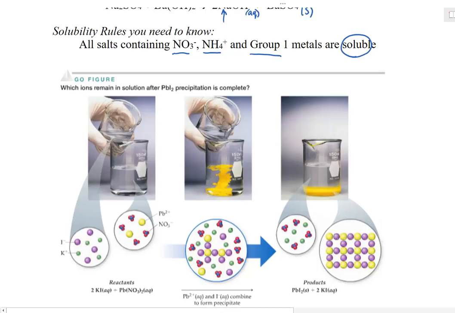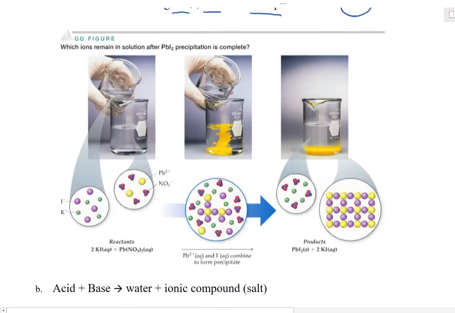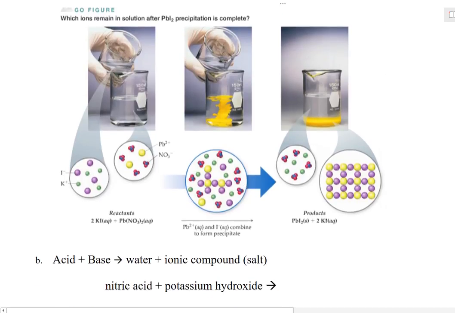When we combine these two solutions, the Pb2+ and the I minus ions combine to form a precipitate, and the potassium and the nitrate simply float freely. This is actually a mistake that they've made. That should be potassium nitrate.